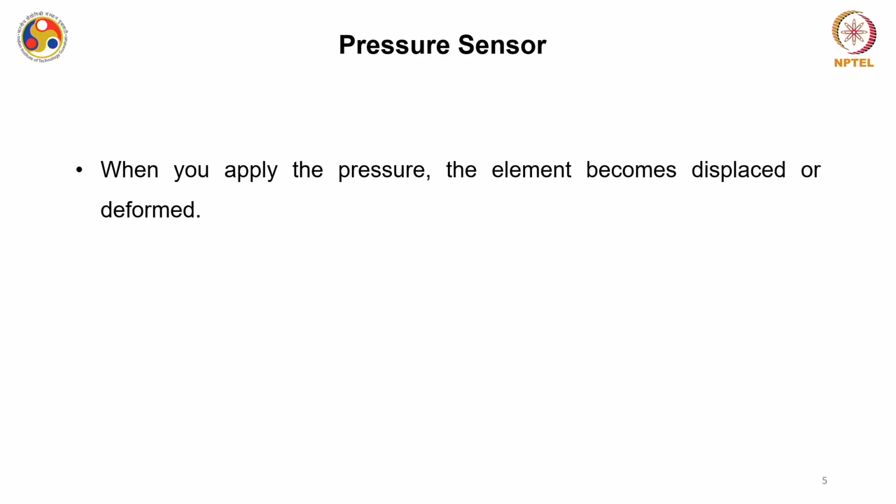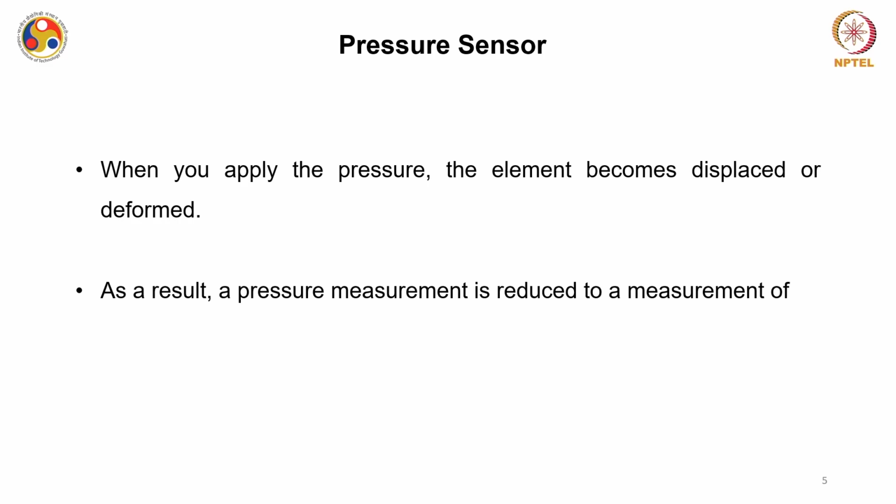What I am talking about is more relevant to a liquid system, a fluid system, or even a gaseous system. When you apply the pressure, the element, the receptor where you are applying it, becomes displaced. It changes its position, or it can be deformed as well, because of the applied pressure.